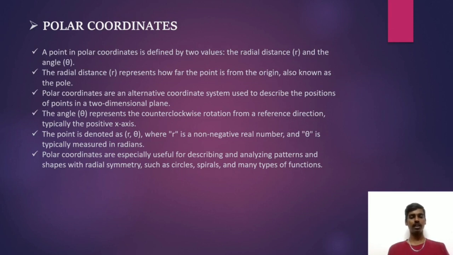The angle theta represents the counterclockwise rotation from a reference direction, typically the positive x-axis. The point is denoted as (r, theta), where r is a non-negative real number and theta is typically measured in radians. Polar coordinates are especially useful for describing and analyzing patterns and shapes with radial symmetry, such as circles, spirals and many types of functions.